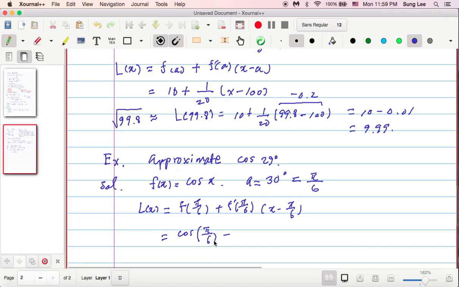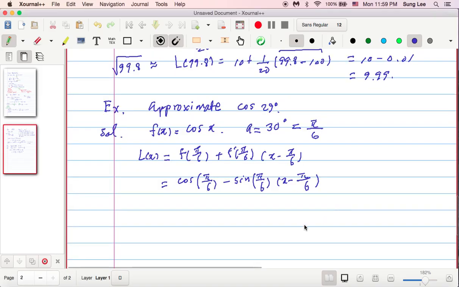F prime is negative sine of x, so sine of pi over 6 times x minus pi over 6. Cosine pi over 6, cosine 30, you are supposed to know the value. That's a very special value that one must know, right? So square root of 3 over 2 minus sine, 1 over 2, x minus pi over 6.